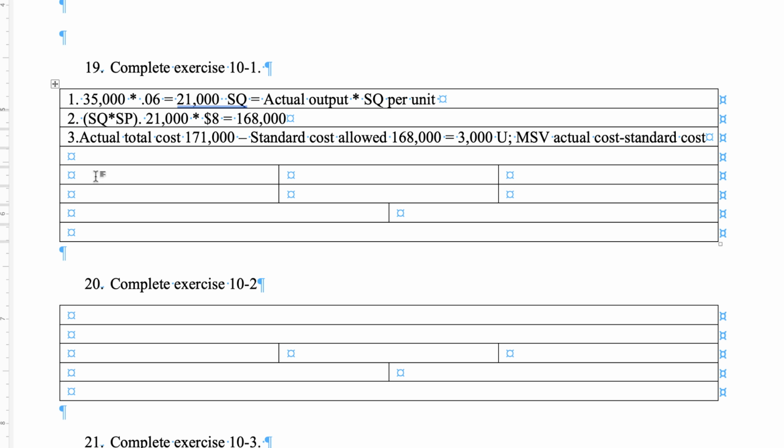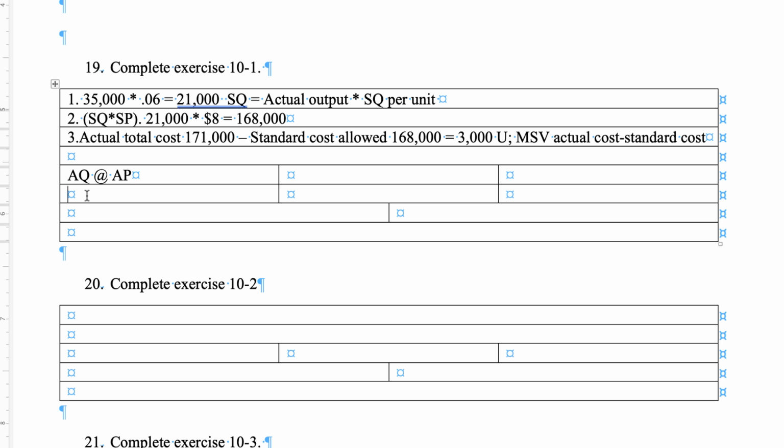So if you click right here in our middle square, right off the bat, we need to calculate what the actual quantity is at the actual price. Technically we could break it down and say, here's the standard quantity, what's the standard price per unit, multiplying, whatever. We don't have to do none of that.